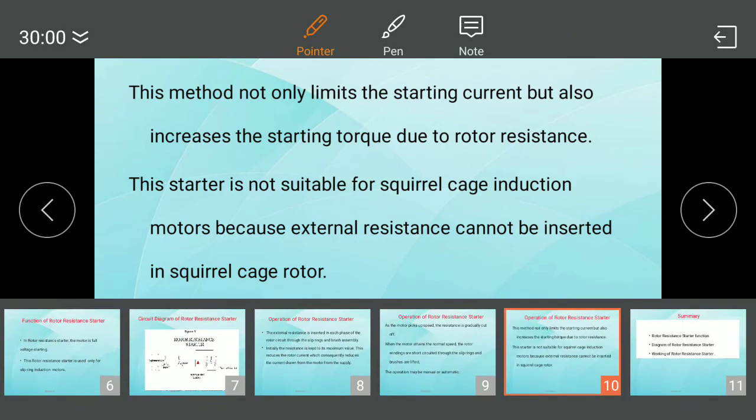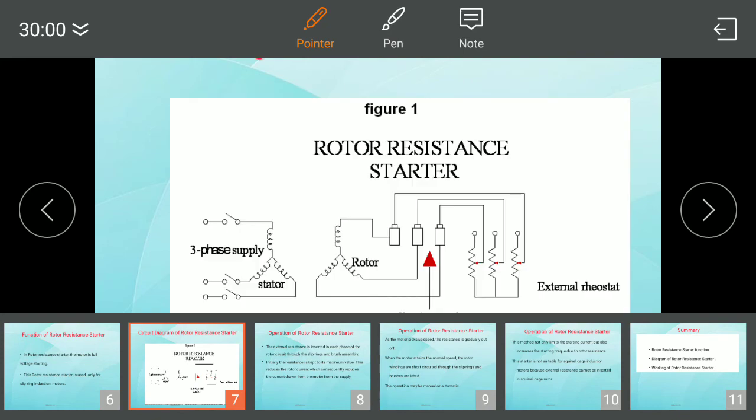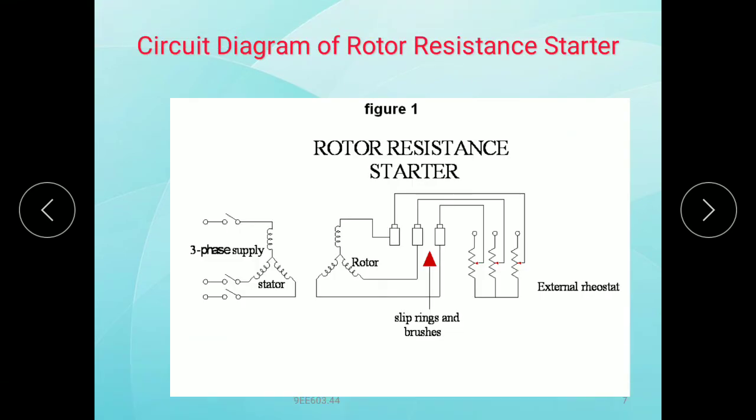Once again we see this diagram. This is the stator, supplied with three-phase supply, and this is the rotor circuit with slip rings and brushes attached, and these brushes are connected to a variable resistance or external rheostat.